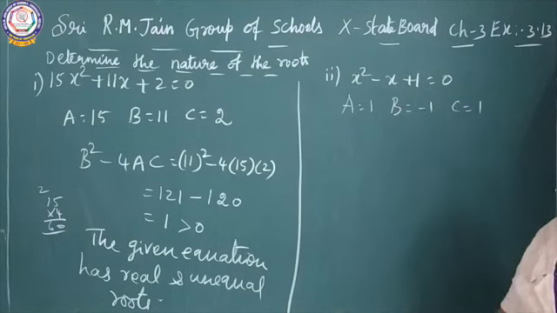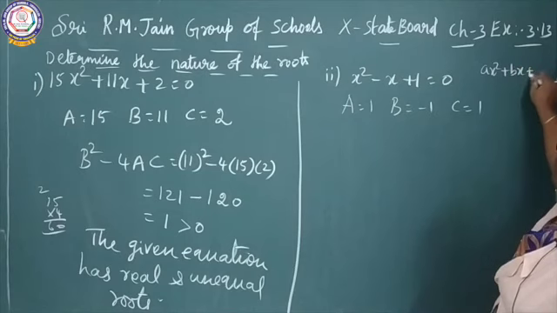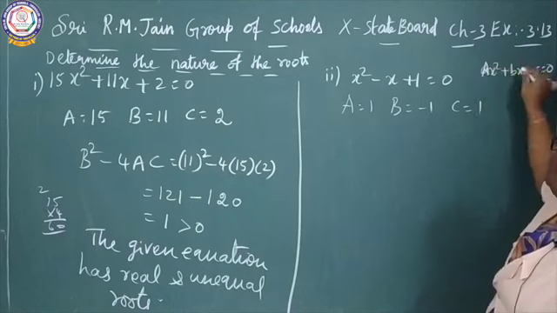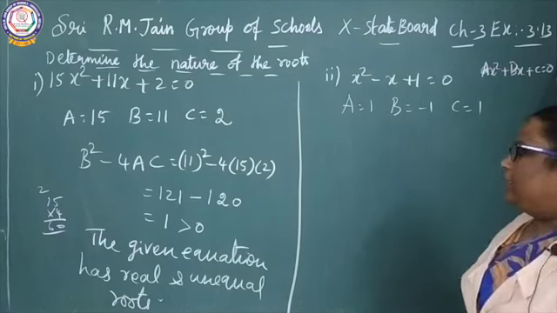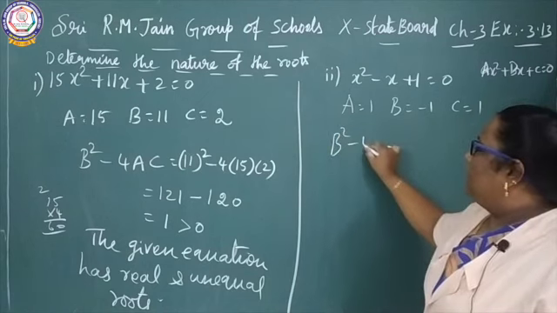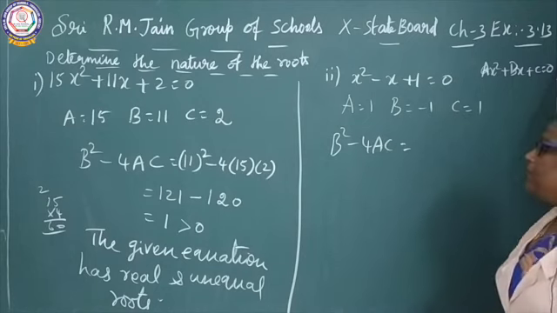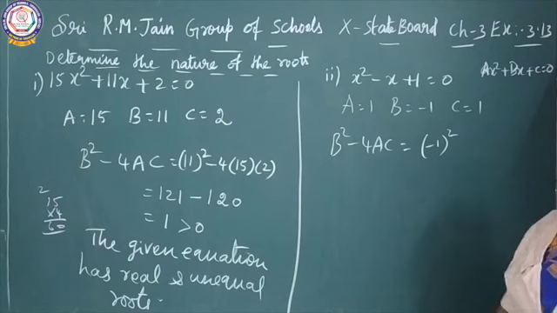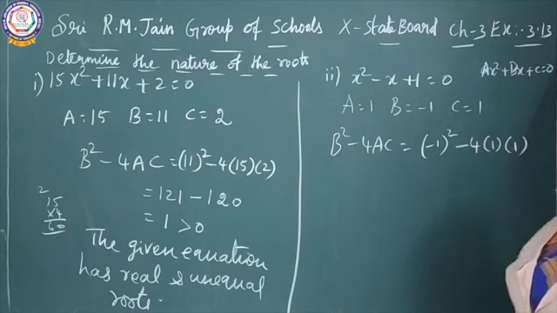You can take the coefficients of ax square plus bx plus c equal to 0, using small or capital letters. b square minus 4ac equals minus 1 the whole square minus 4 into 1 into 1.